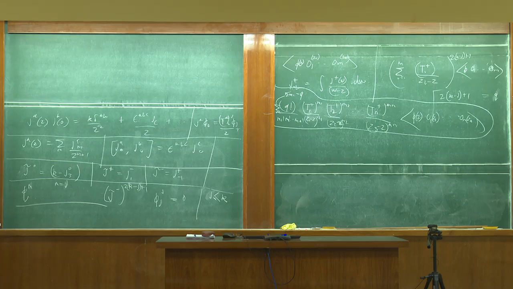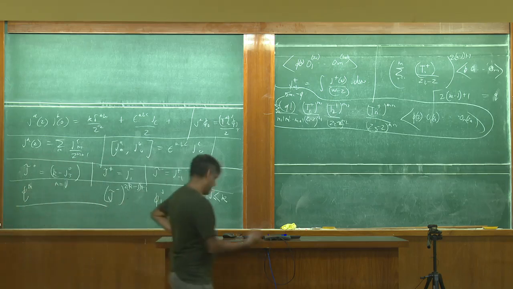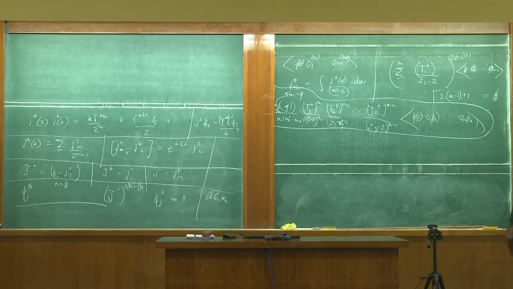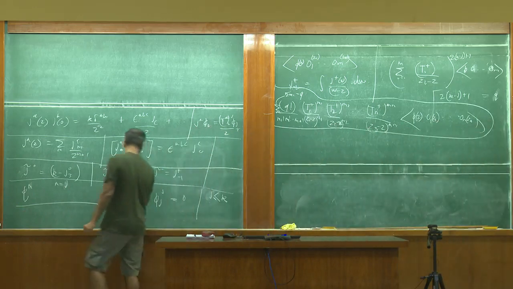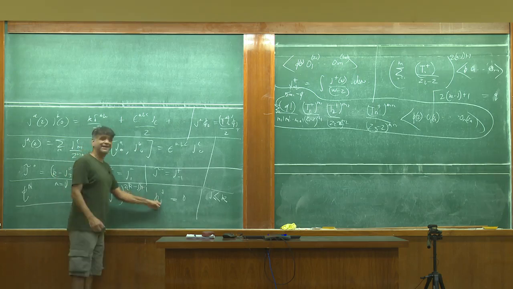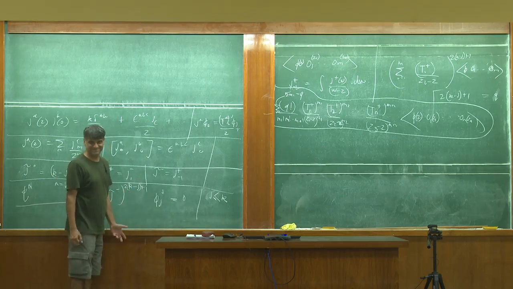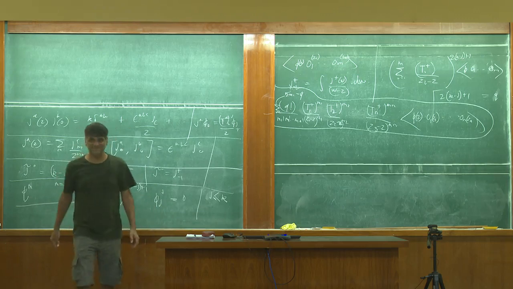Right? Where did that argument come from? That argument came from this guy killing this, but we know what j tilde z was. J tilde z was k minus j.